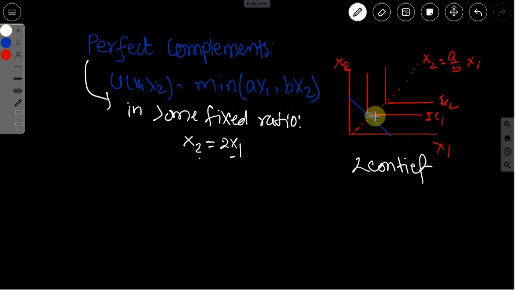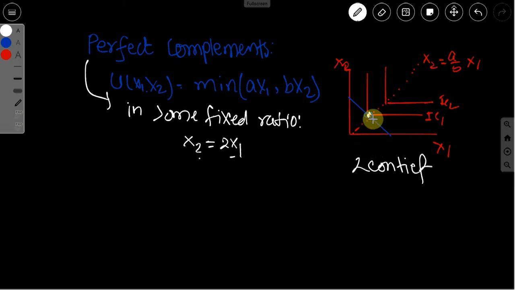So in this case, the consumer's equilibrium will lie in the corner point of this right-angled indifference curve where the derivative is not defined. So we cannot use the Lagrangian optimization principle.